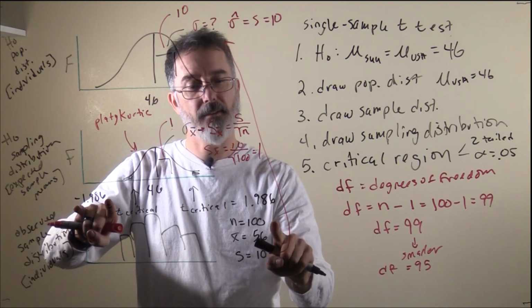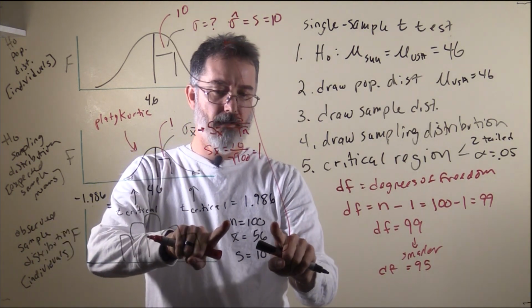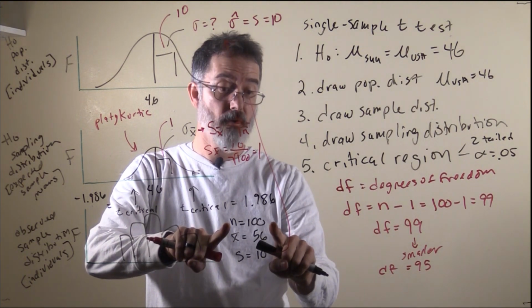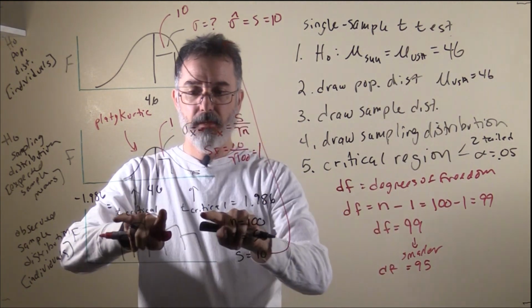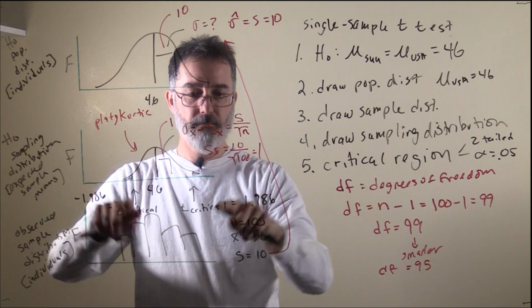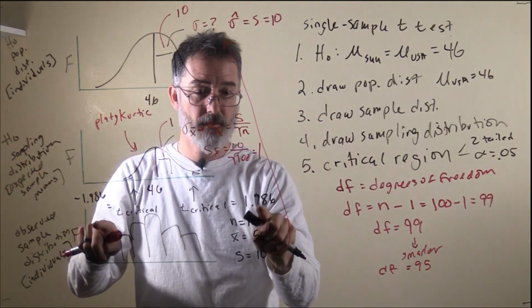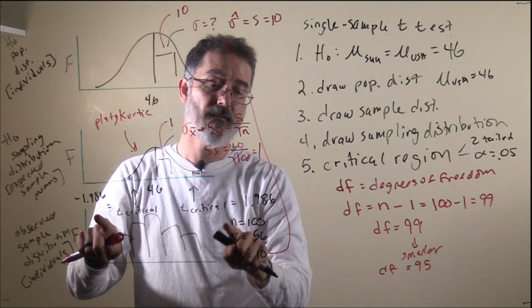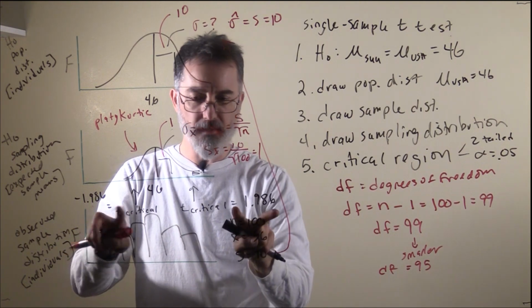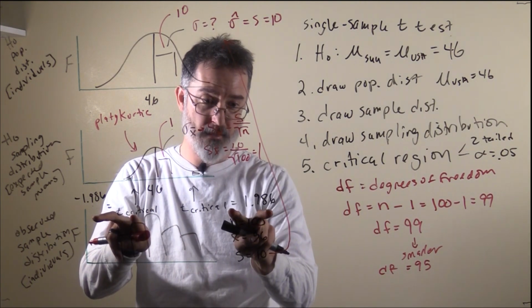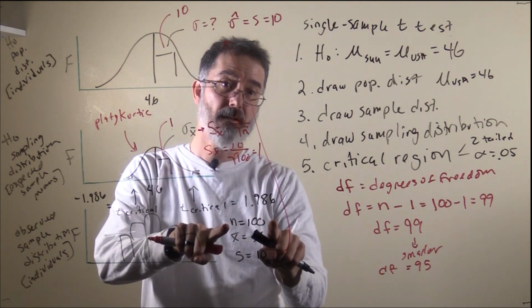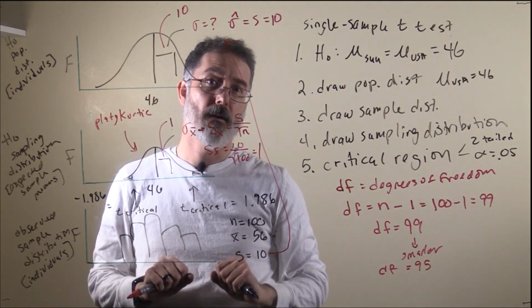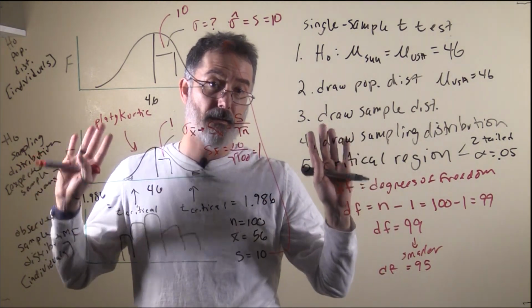And that's because the sample size is really large. And in fact, as the sample size approaches infinity, t critical values get closer and closer to 1.96. And with an infinite sample size, the t critical is 1.96. Because with an infinite sample size, you actually know the population parameter. And then you've got yourself a z test.